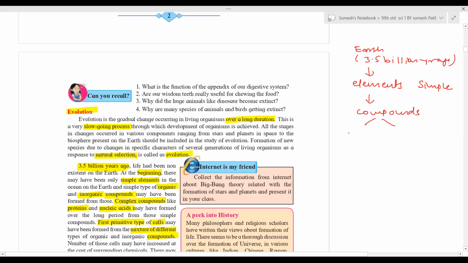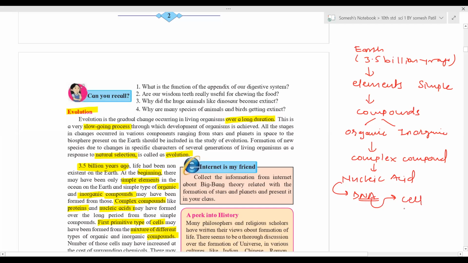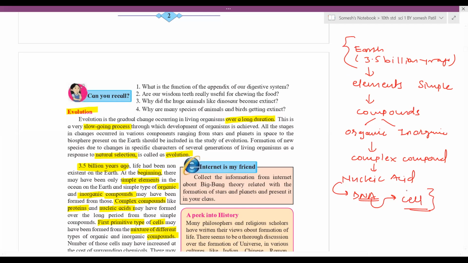And these compounds are of two types, organic and inorganic. And these organic compounds further derived into what? Complex compounds. And this complex compound is nothing but your nucleic acids. And one such nucleic acid is your DNA. And that led to what? Formation of the cell. So this is your theory of evolution. Are you all clear with this theory of evolution?